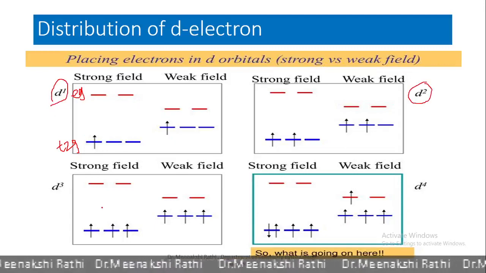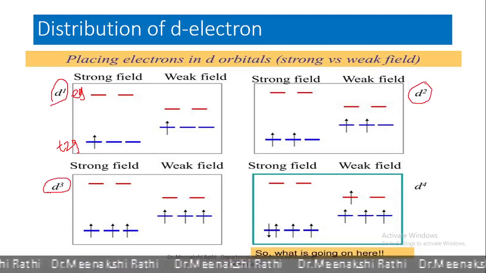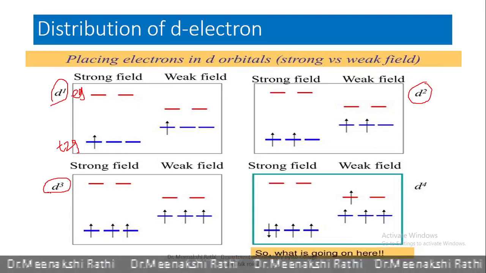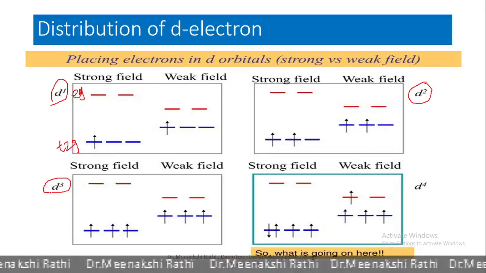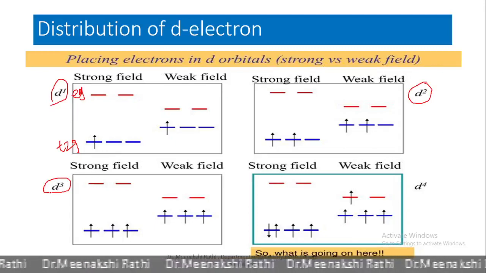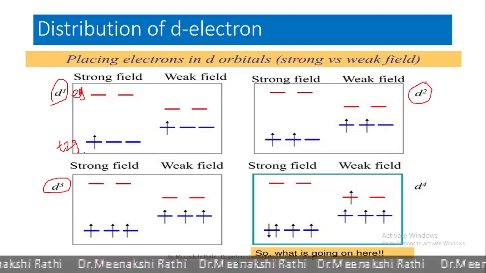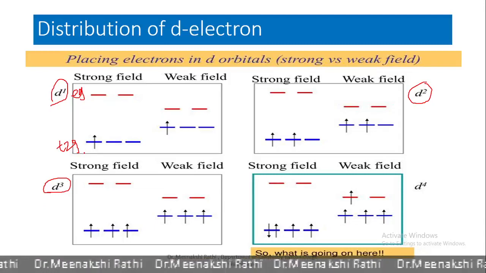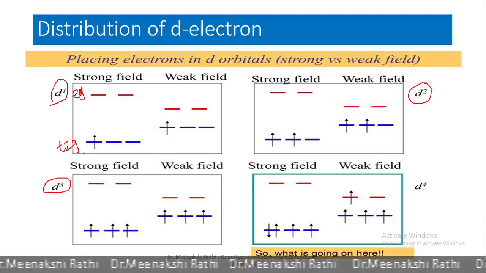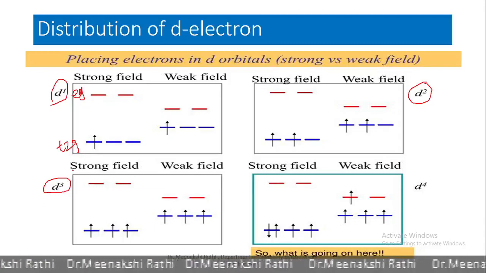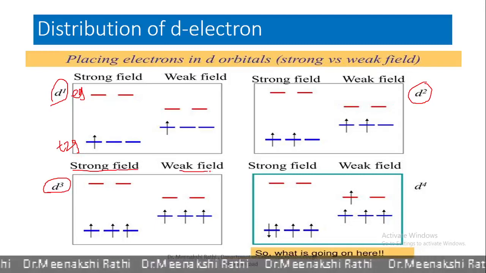In case of d1, d2 and d3, electrons will occupy the t2g orbitals only, following Hund's rule. This filling will be the same in strong field as well as in weak field.